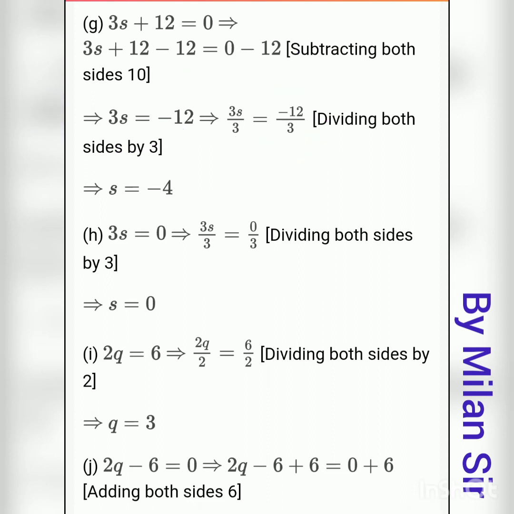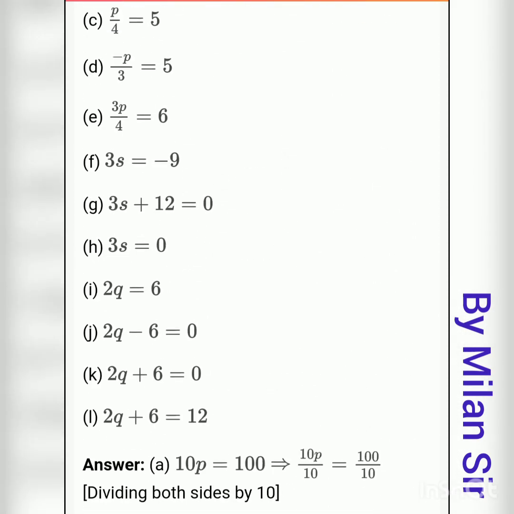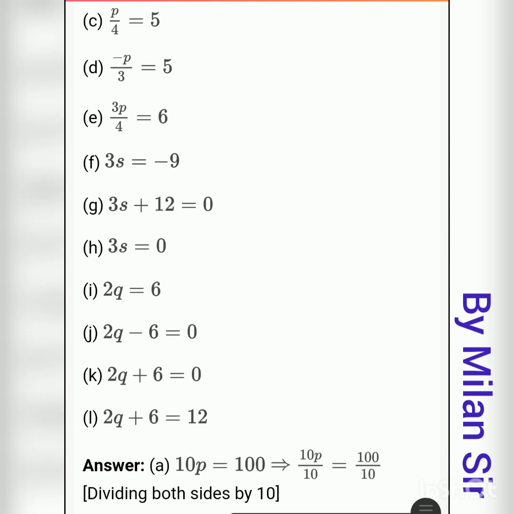Denominator goes to numerator, numerator goes to the denominator, and solve the equation. That means we need to find the value of the alphabets, that means the value of the unknowns. For that we need to transfer one by one term to the other side, so we get the value of that unknown.